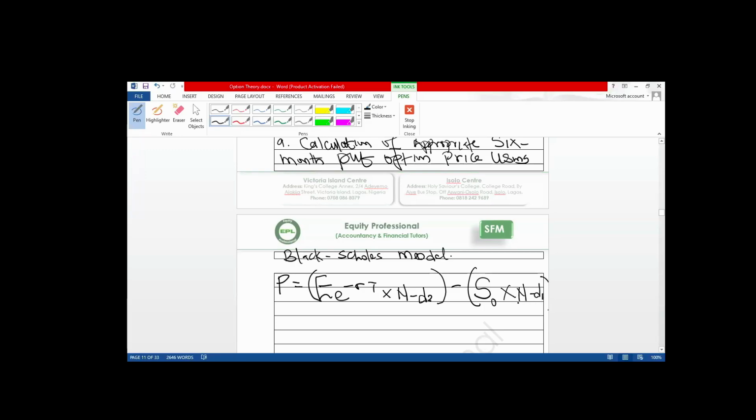This is the first question we are solving. Please, you are going to require the normal distribution table, although it's available in your material anyway.